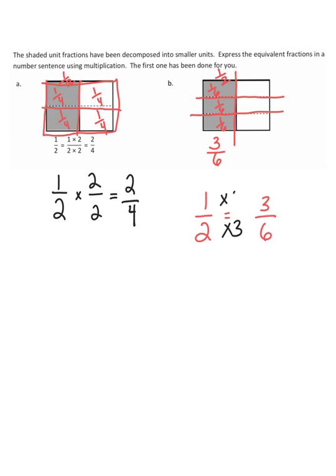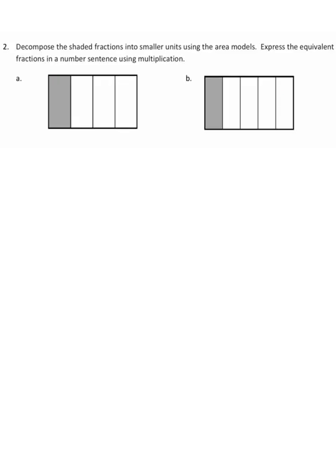We have 3. So 1 times 3 is 3, 2 times 3 is 6. So this is how we can show this little pattern here, that we are multiplying by that number to get to the equivalent fraction.